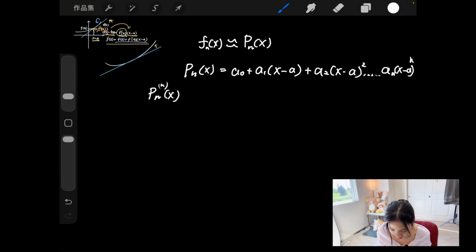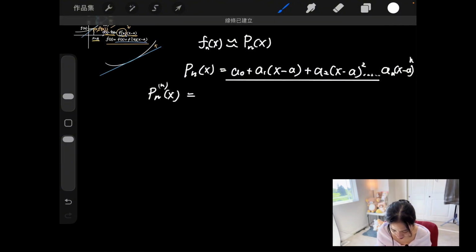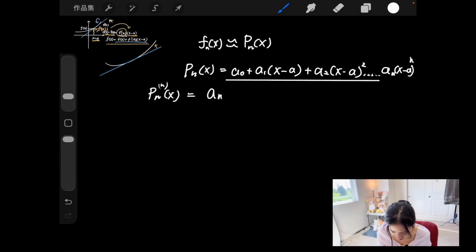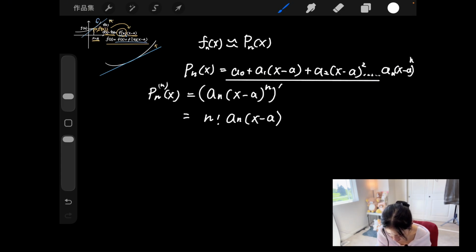So let's see what will happen if we take the derivative n times. All the other terms will disappear, and we will only have a_n times (x minus a) to the power of n, whose derivative is n factorial times a_n.